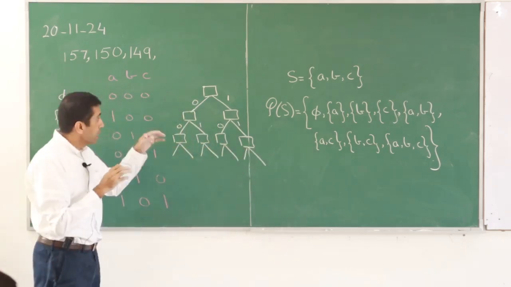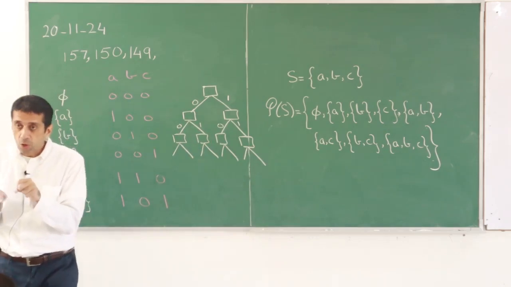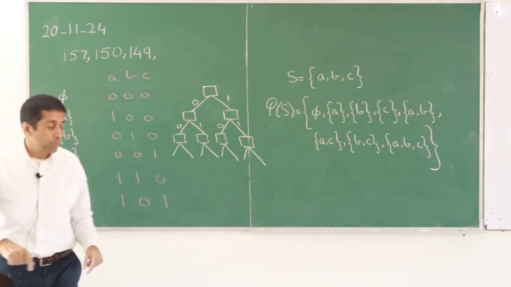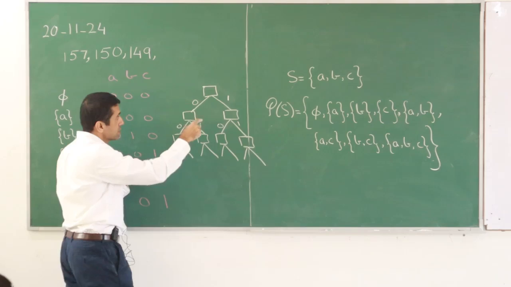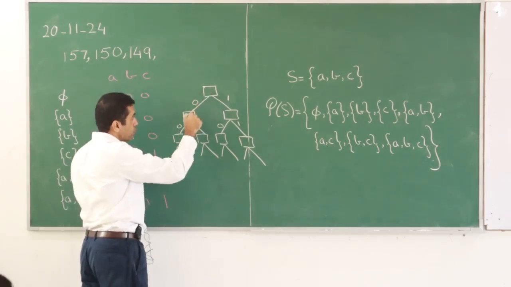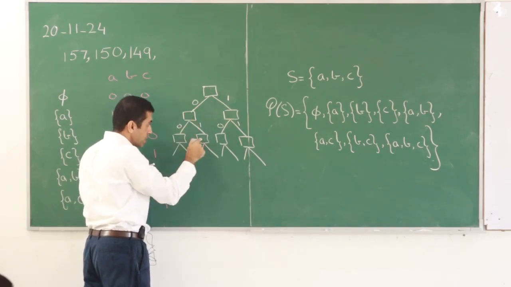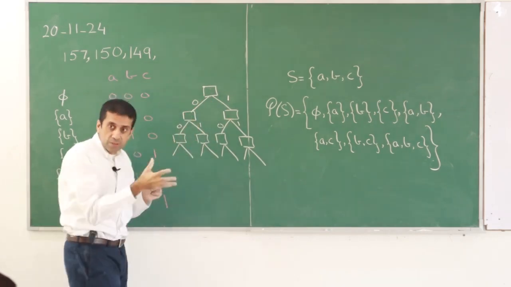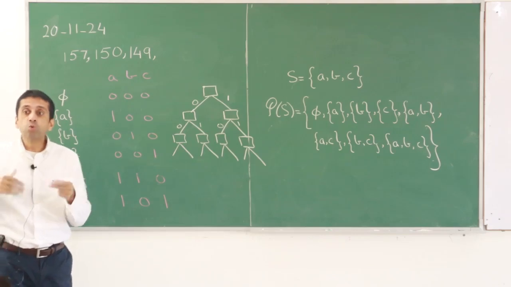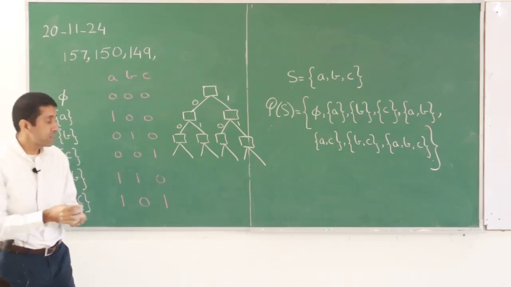Now note, every time we are branching off into two branches. So this is like a giant with two arms. Each arm has two hands and each hand has two fingers, right? So each time it's 2 times 2 times 2. How many fingers are there?